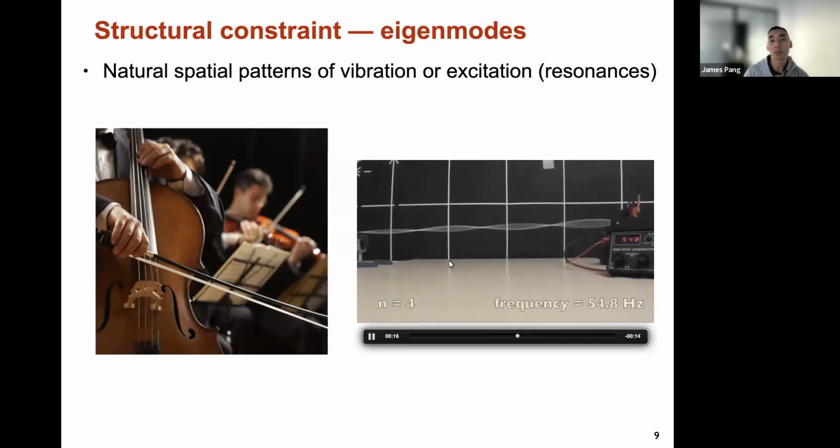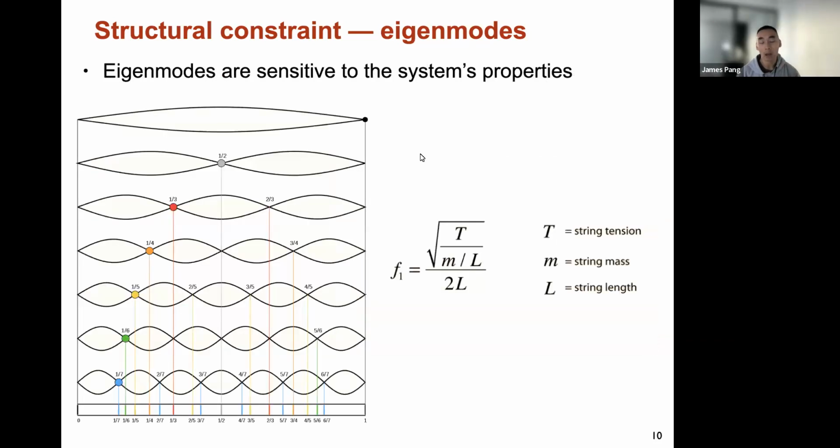Now, these spatial patterns are pretty fundamental for the system, and you can capture the family of these eigenmodes, and it can fully describe any emerging activity of that particular system. Another important note is that these eigenmodes are very sensitive to the system's physical properties.